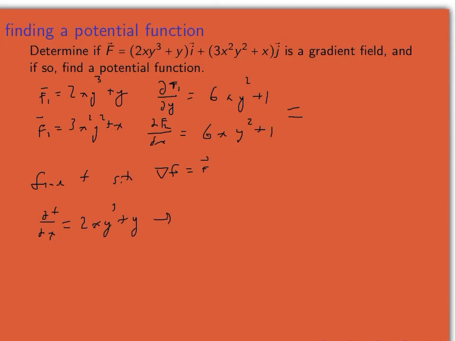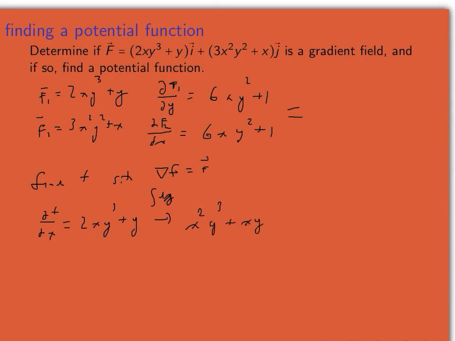And then I'm going to integrate with respect to x, of course, since I'm differentiating with respect to x. If I integrate with respect to x, I get x squared y cubed. An antiderivative of y with respect to x is xy.